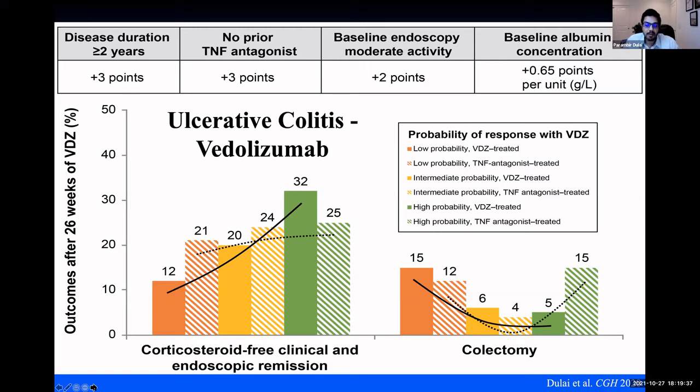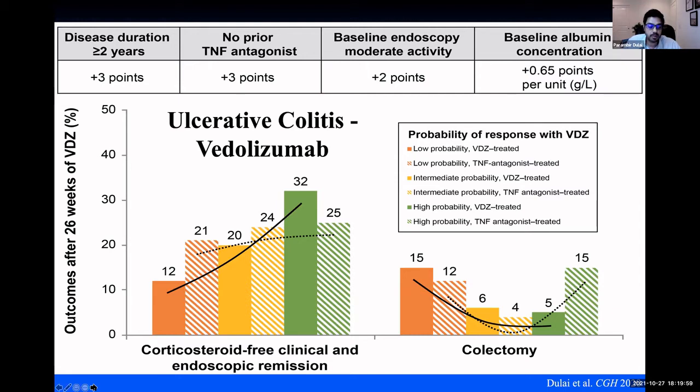Whereas when you got to the high probability group, those who were high probability of response to vedolizumab and started on vedolizumab had higher rates of corticosteroid-free clinical and endoscopic remission compared to those predicted to be high probability response to vedolizumab but started on an anti-TNF agent. So this helped demonstrate some potential drug specificity in this initial validation.